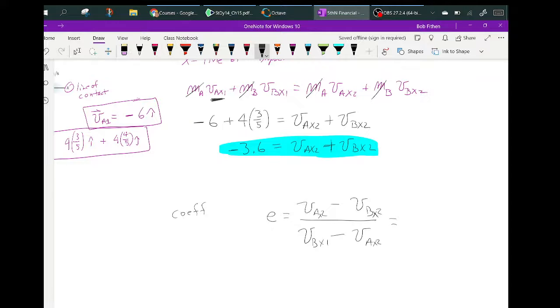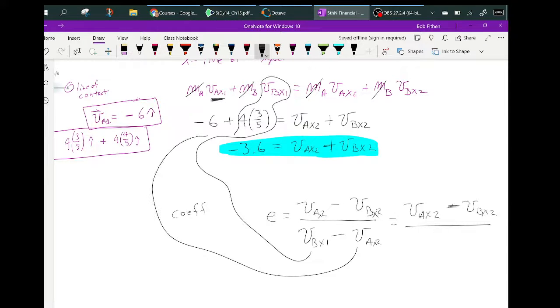So what I don't know is VAX2 minus VBX2. I do know this one. And I do know that one.